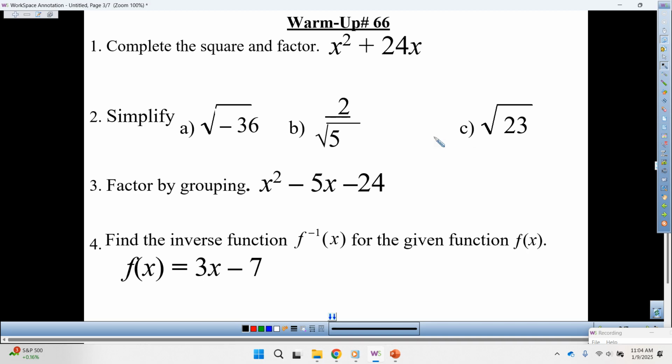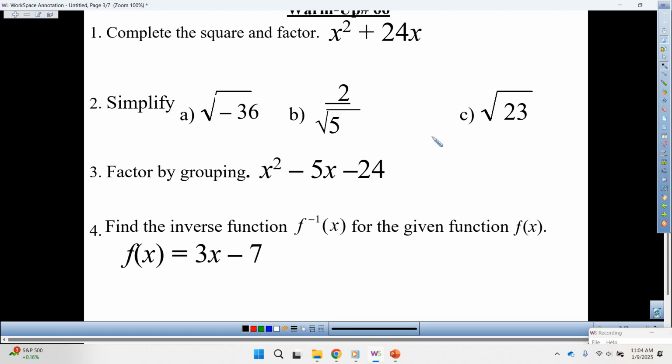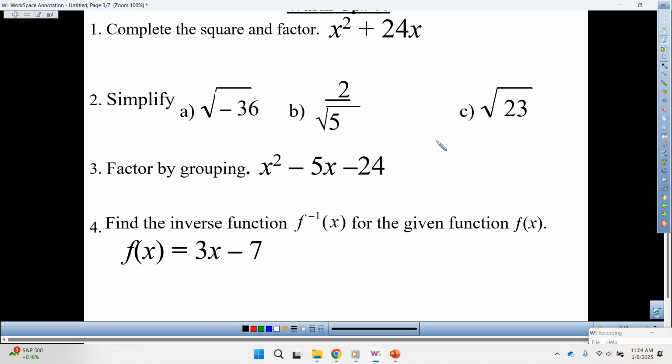Let's see, who haven't we called on? I think Gio we haven't called on. All right, Gio. Complete the square for number 1. What do I do? Parentheses. So that gives me what? 144.